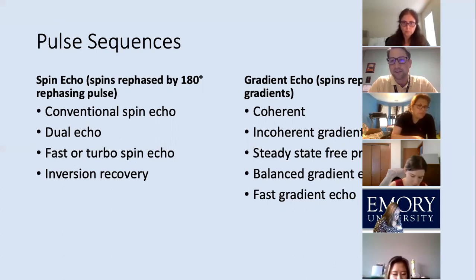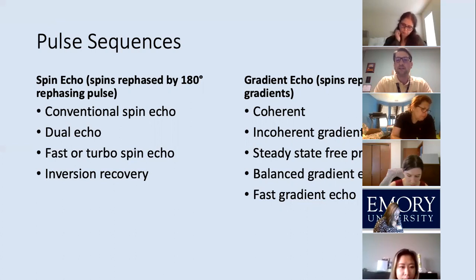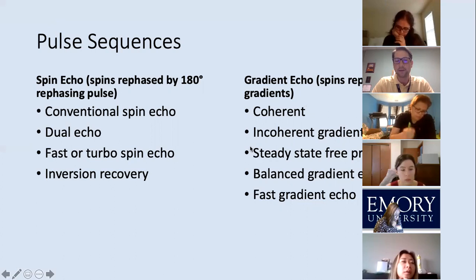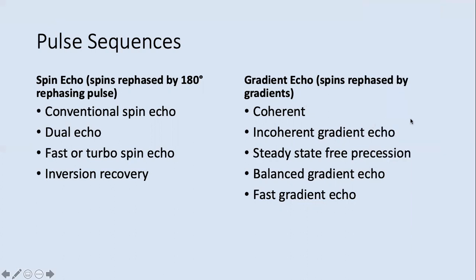Our image quality suffers a little bit with our gradient echo, but the upside is we're able to image very, very fast. So these are some of the types of gradient echo pulse sequences we'll talk about today: coherent, incoherent or spoiled, steady state free precession, balanced gradient echo, and fast gradient echo, or what we call echoplanar imaging.